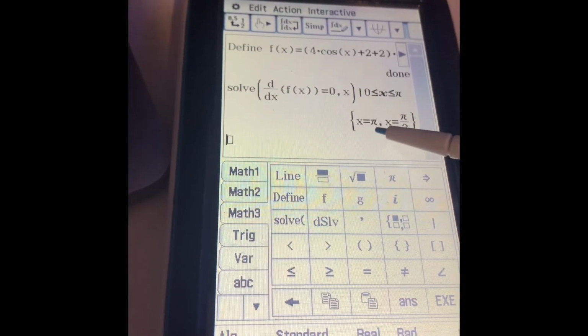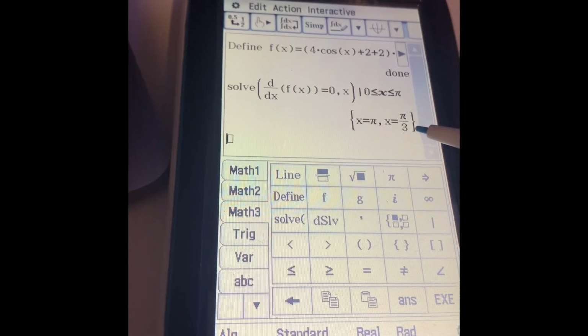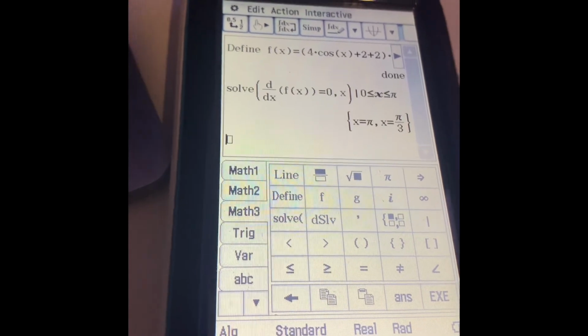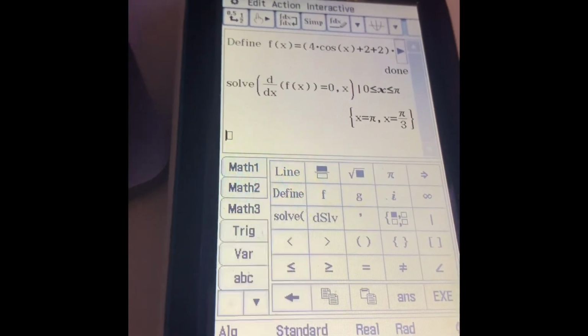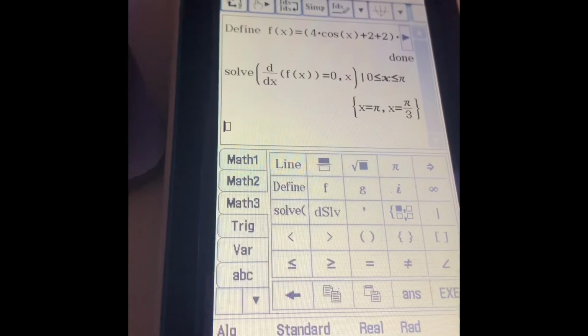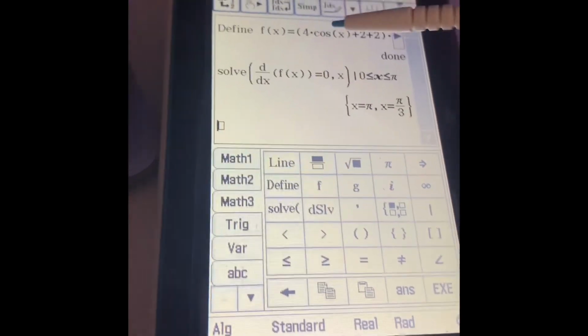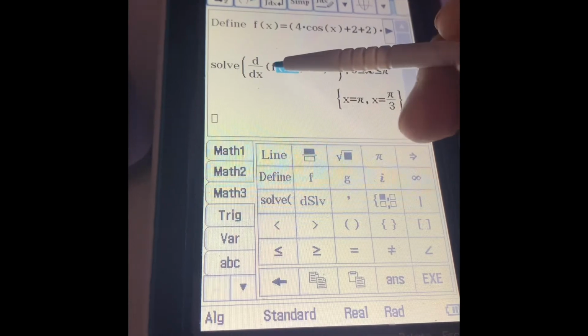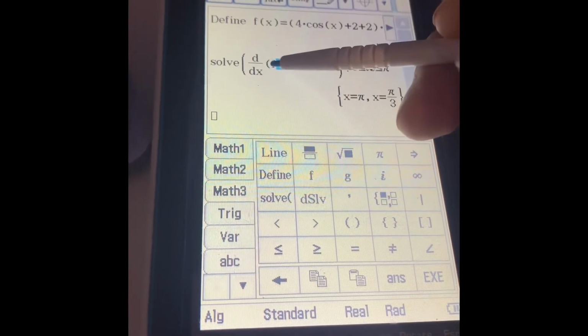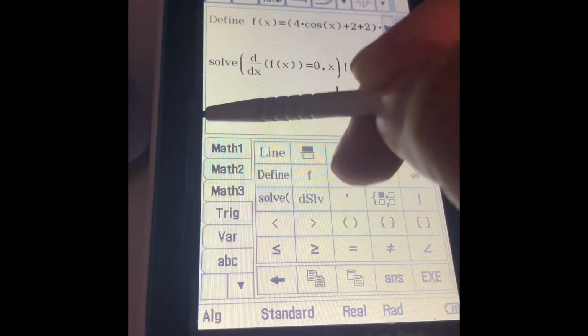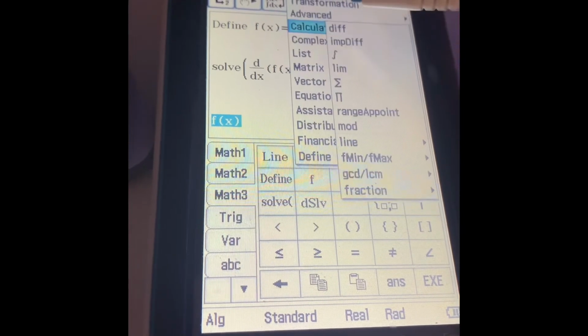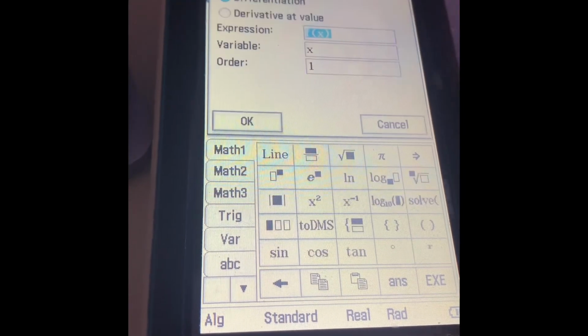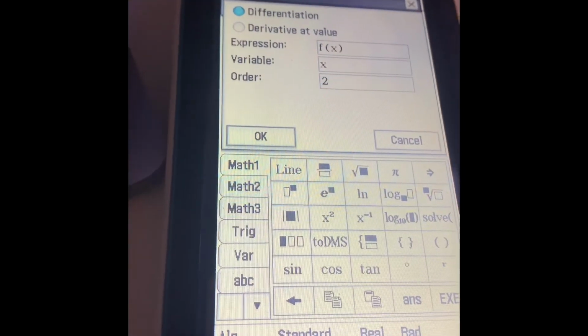So when x equals pi or x equals pi over 3, you will have either a maximum or a minimum. So how do you determine which one is maximum or minimum? Okay, so we use the second derivative. So we take this guy down again, and then the second derivative. Okay, so order changes to 2.